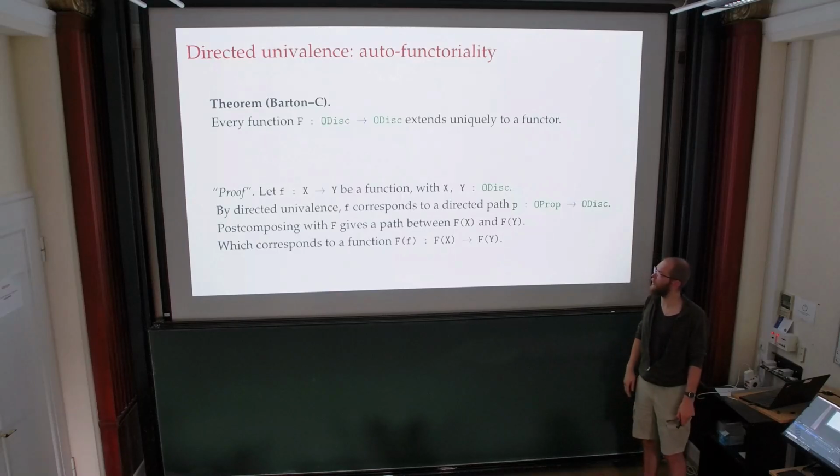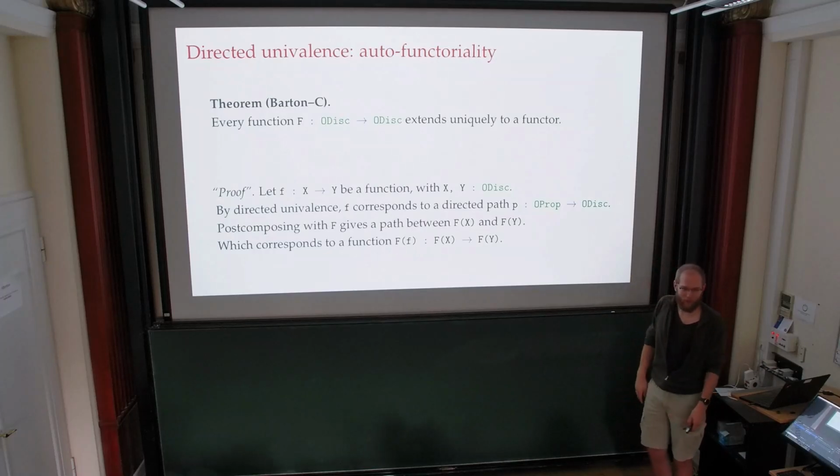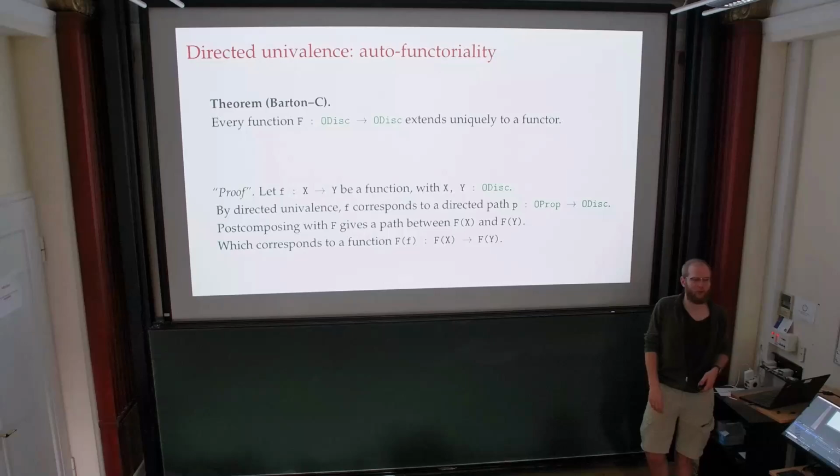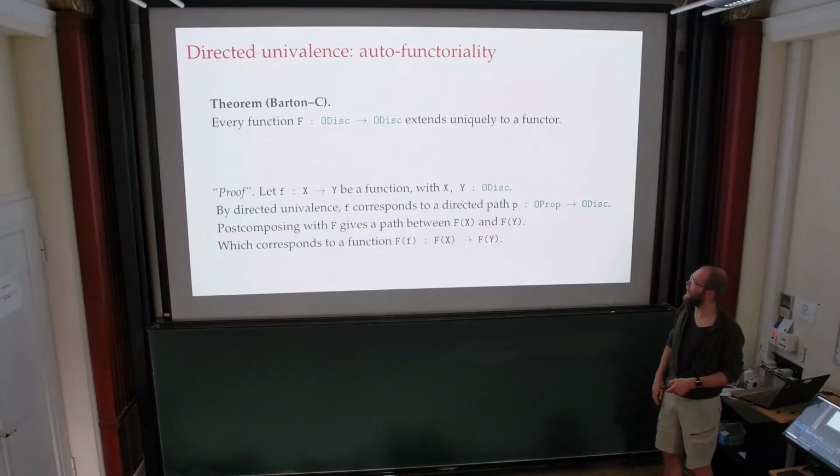And so everything is canonical, so this is compatible with identity maps and composition, which you have to do a sort of directed path induction proof to actually prove that, but it works. And here I really mean uniquely, like this extends uniquely to a functor.